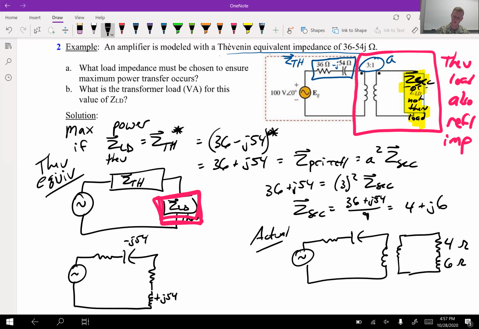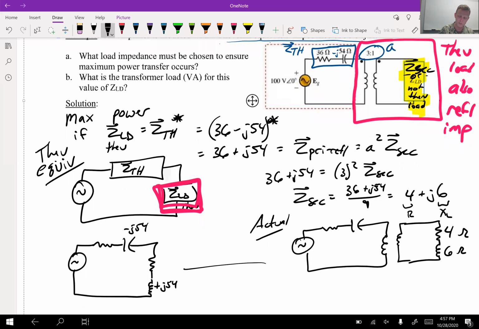Right here is that R, and right here is the XL, because it's a positive J. And so this transformer is still here, and if I have it as 4 and 6, then it produces this over here as a model of my Thevenin equivalent.